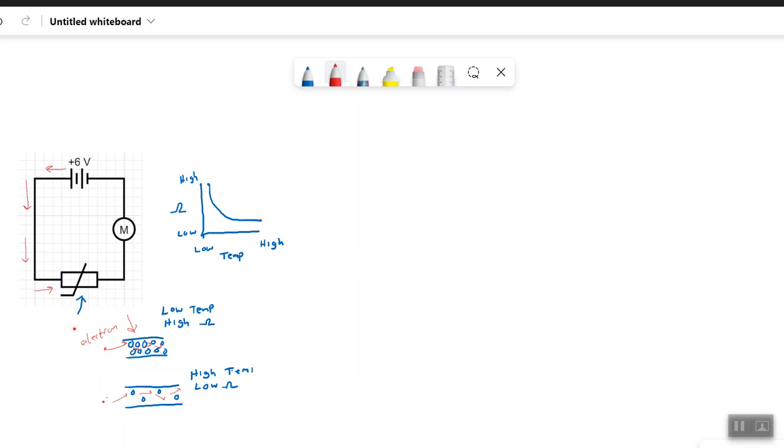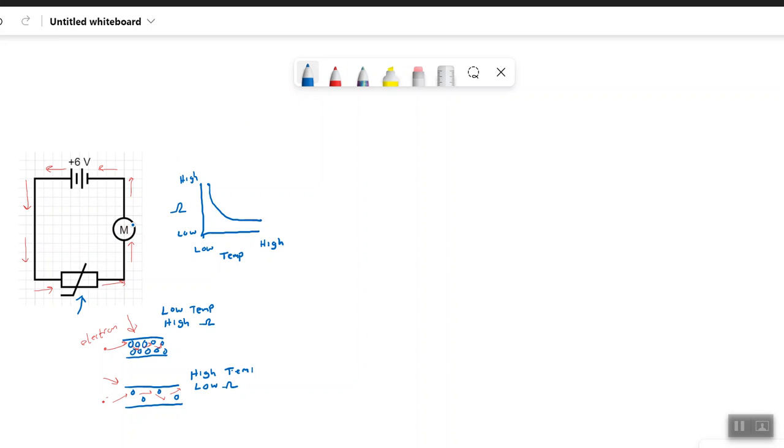Then when the temperature gets really hot, the resistance of this thermoresistor is going to decrease. So it's going to be in this state when it's hot. As a result, it's going to be much easier for the electrons to move through here. And when the electrons are moving through like that, you're going to have enough electrons moving through this motor in order to make the motor turn.